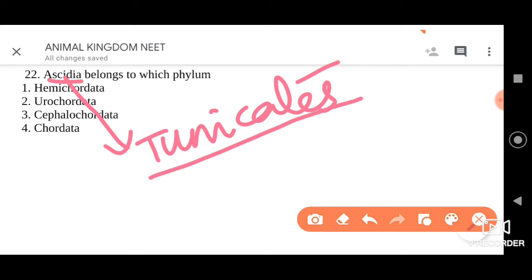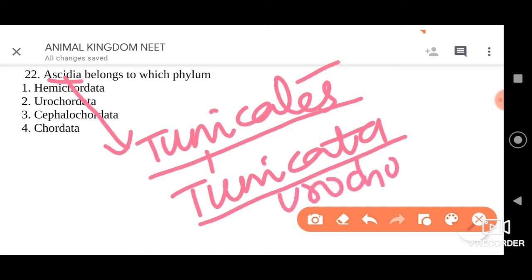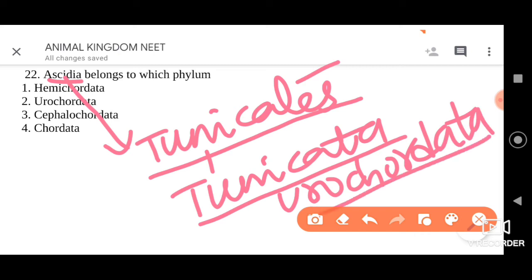So we can refer to them as tunicates, which belong to the subphylum Tunicata. Tunicata is sometimes also represented as Urochordata. Now the question asked is, Ascidia belongs to which phylum?